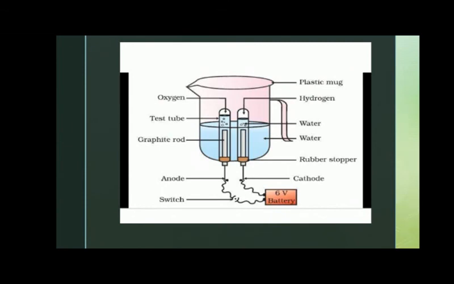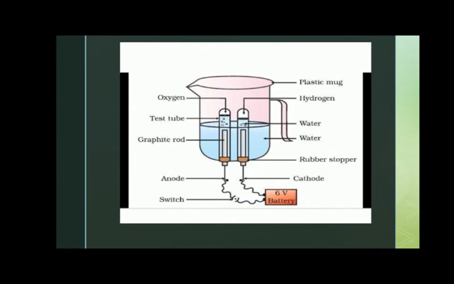Now the electrolysis of water is given here. So here is the apparatus, how we can arrange it. In the plastic mug, water is taken, and in this water a few drops of sulfuric acid are also added to make it a good conductor, and two electrodes are immersed, and these electrodes are graphite rods connected to a 6 volt battery.